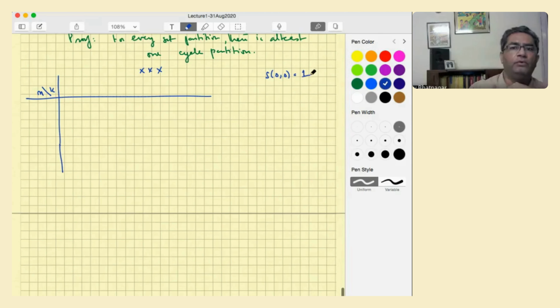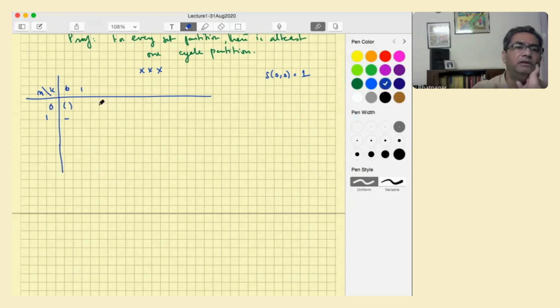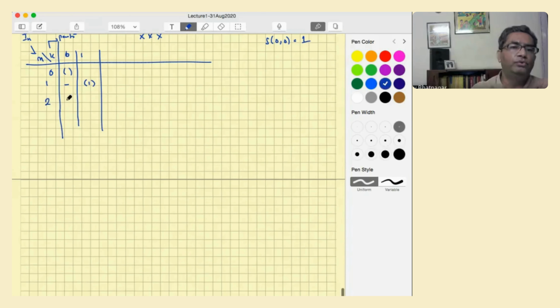S(0,0) we take to be equal to 1. So this is just an empty cycle. Now for n equal to 1, breaking into 0 cycles is not possible. So for one cycle, one part is this one. So k is the parts, and this is n. Let's do 2. Again, for 0, there is nothing.